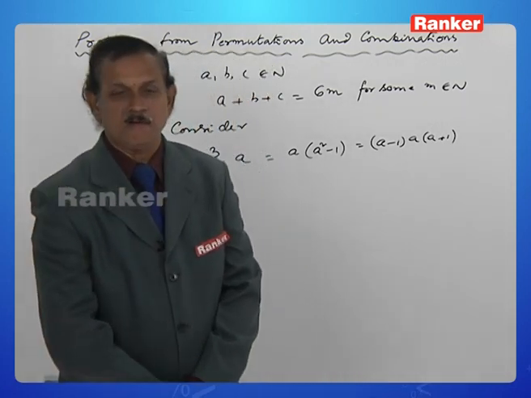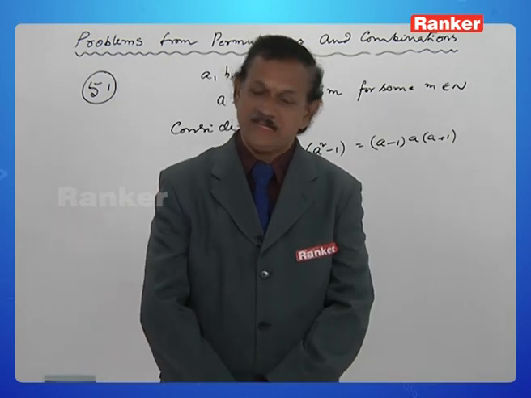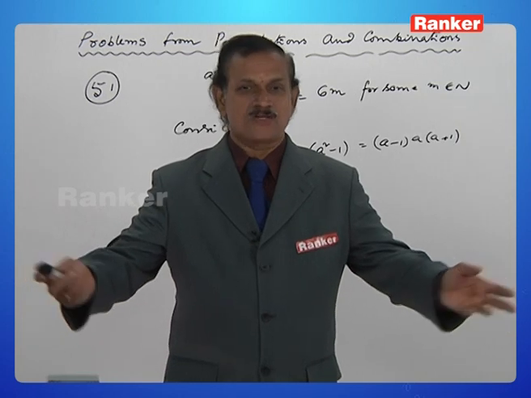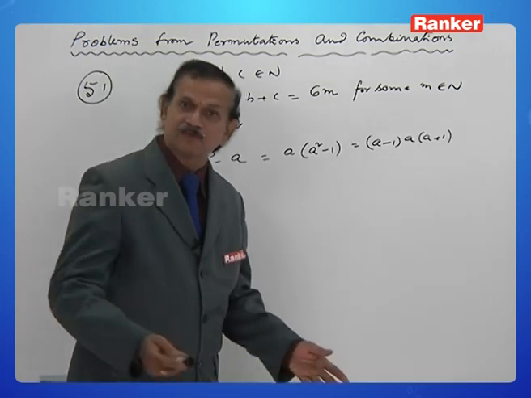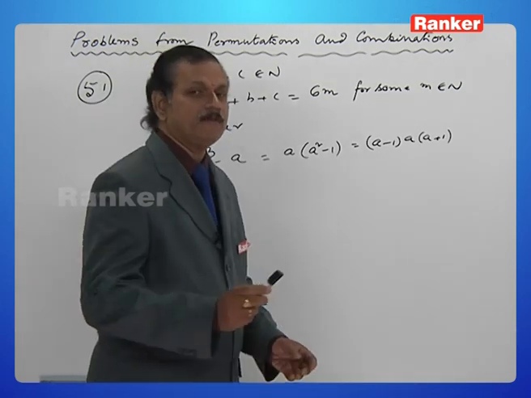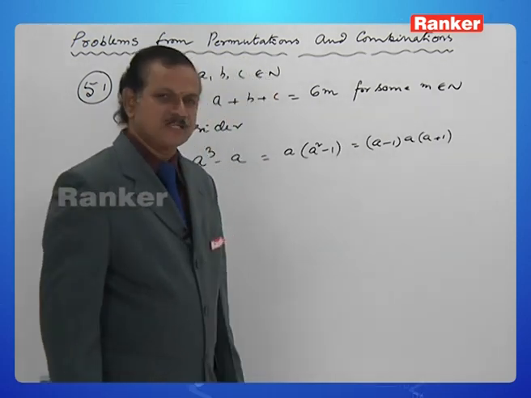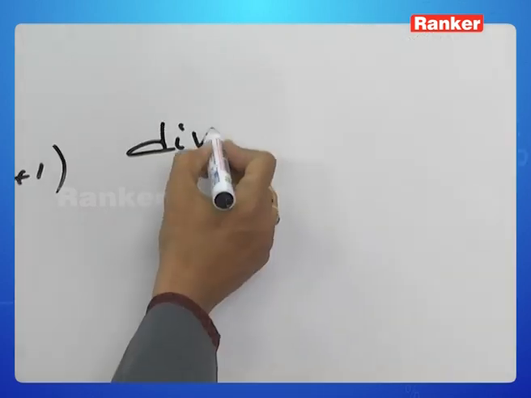If there are 4 consecutive integers, then the product is divisible by 4 factorial, like that. If you have n successive integers, then their product is also divisible by n factorial. A beautiful concept it is. By making use of that concept, these 3 are 3 successive integers, therefore divisible by 6.